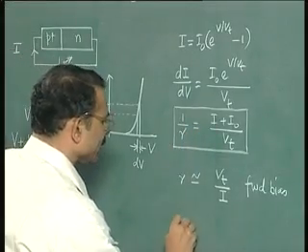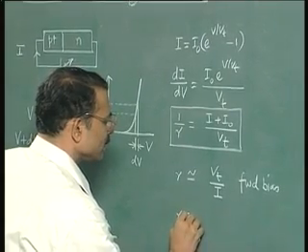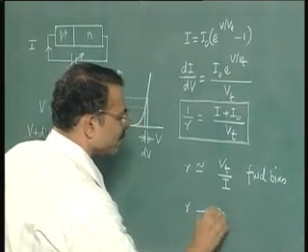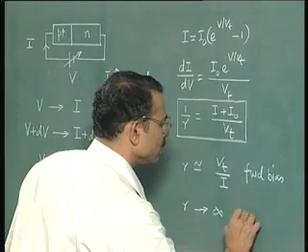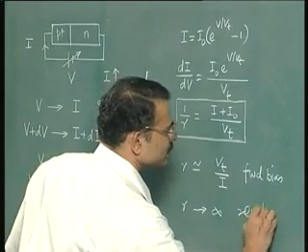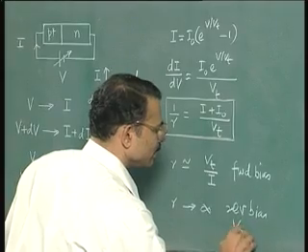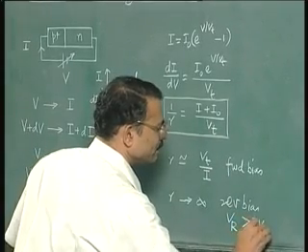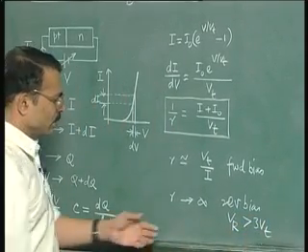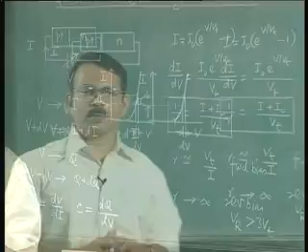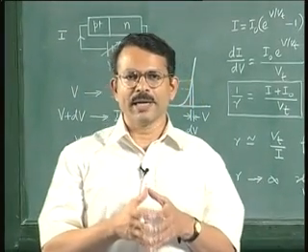Okay, so we can write R tends to infinity for reverse bias Vr greater than 3 times Vt. Now this is true for an ideal diode. Please note that we are deriving this for an ideal diode.